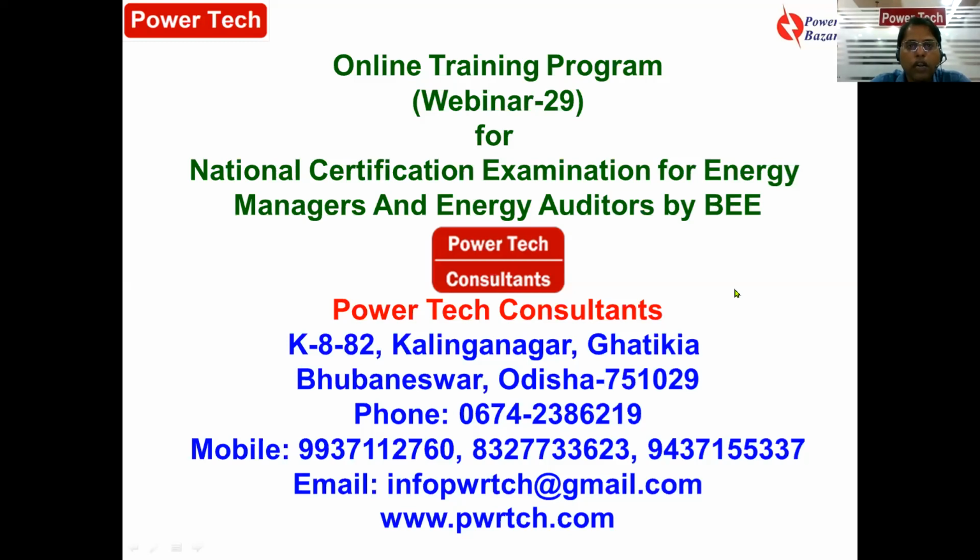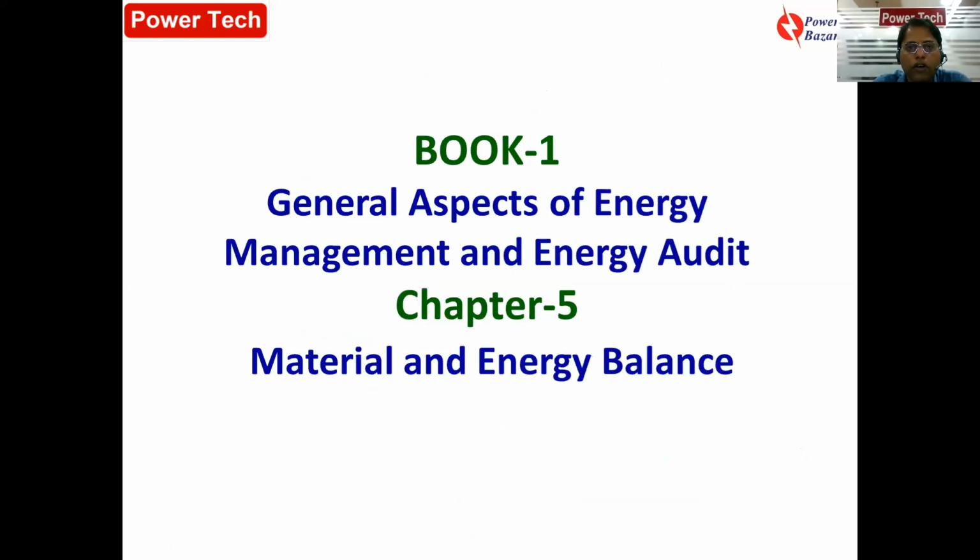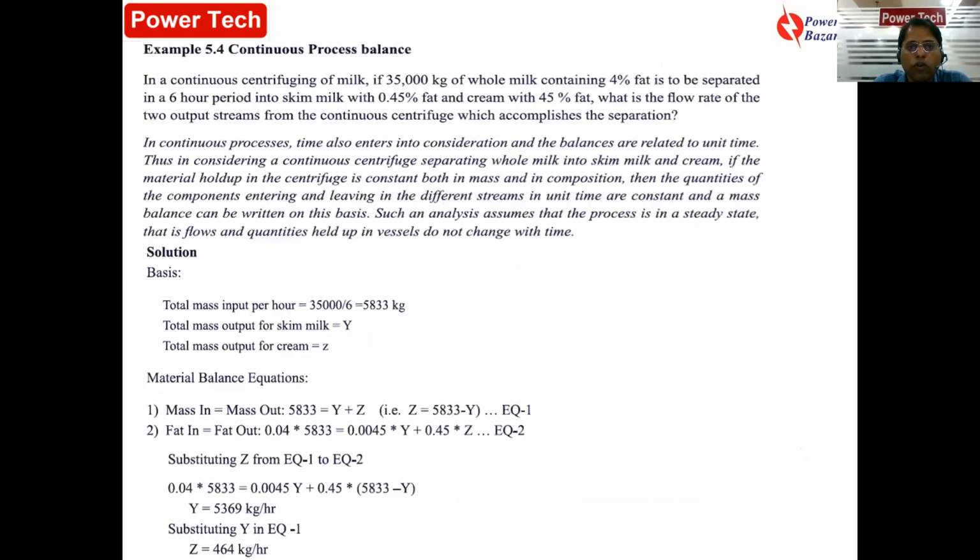So in webinar number 29, we'll study chapter 5, that is material and energy balance, of book 1, that is general aspects of energy management and energy audit. We have already studied material balance or mass balance, which is based on conservation of material.